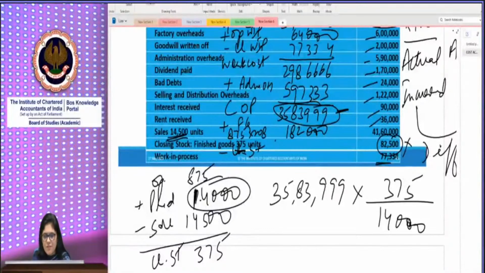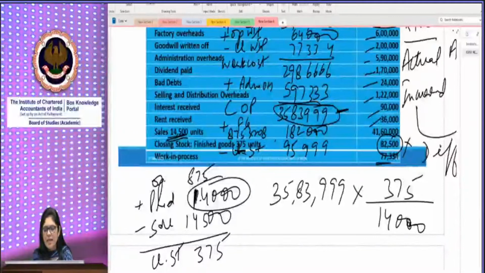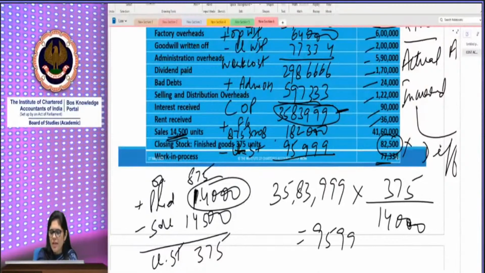So 35,83,999 divided by 14,000 into 375. The closing stock will be 95,999. This is the closing stock of finished goods. Closing stock of finished goods is always valued on the basis of cost of production in cost accounting.